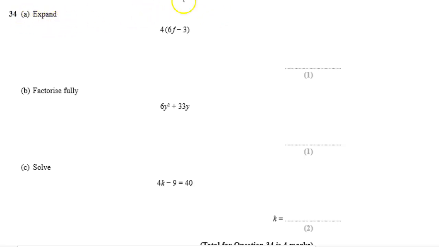Number 34, A part, expand. Expand means remove this bracket. How do we remove it? We multiply 4 by this, and then we multiply 4 by this. So if there are 2 terms in a bracket, there will be 2 multiplications. So that is 4 multiply 6f. And we multiply 4 multiply 3.